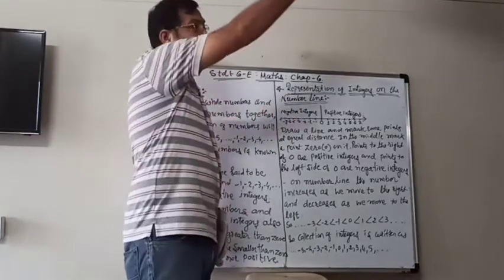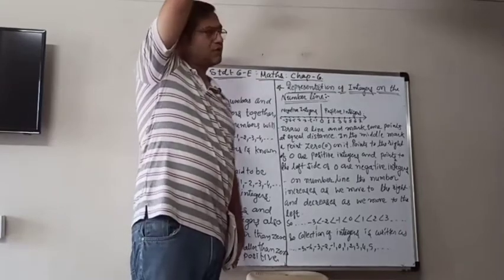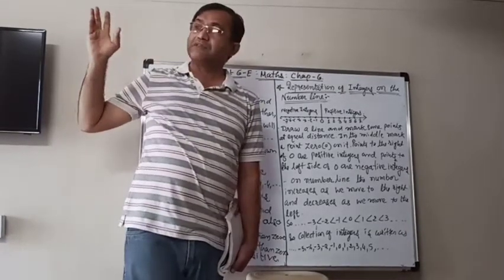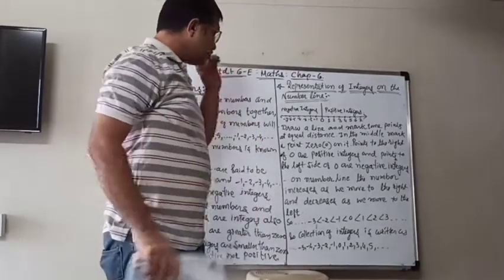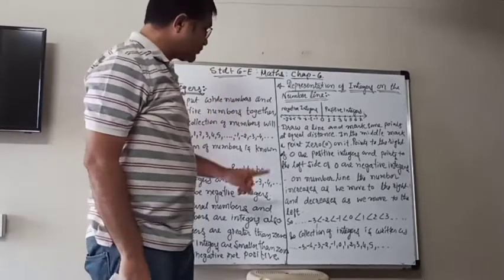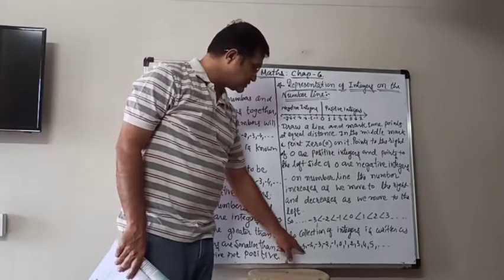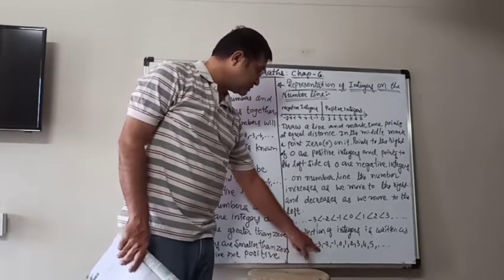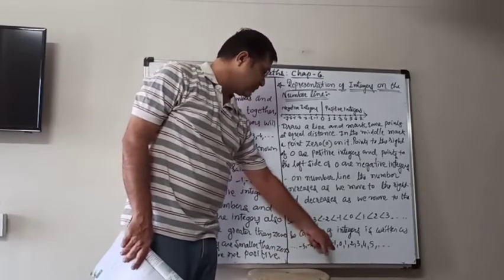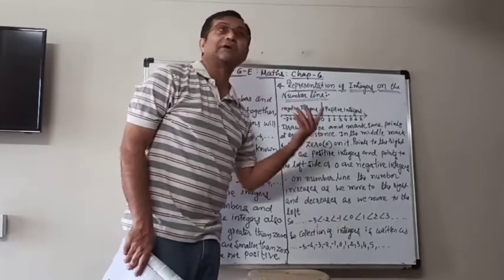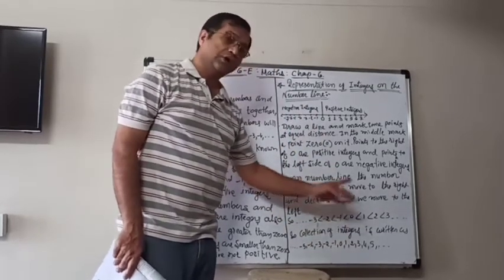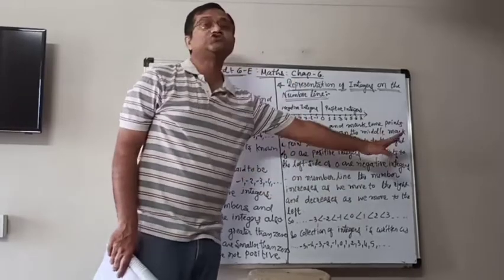Natural numbers go on 1, 2, 3, 4 and so on, and similarly the negative numbers also. So we start from dot dot dot, then a few numbers -5, -4, -3, -2, -1, then 0. Then the positive integers 1, 2, 3, 4, 5 and so on.